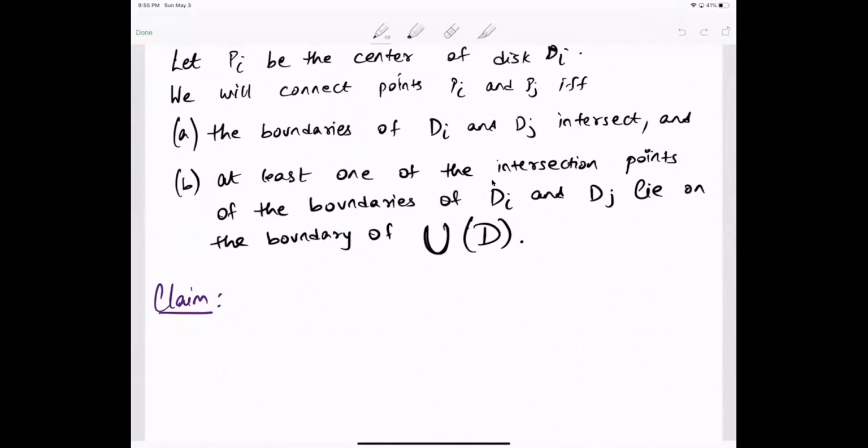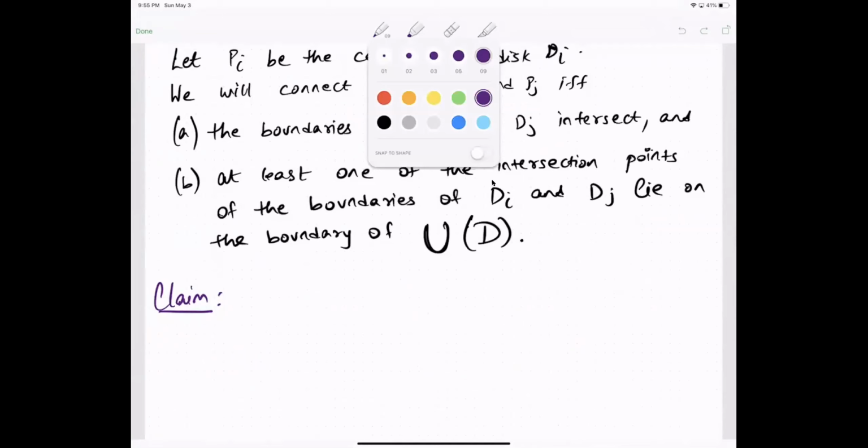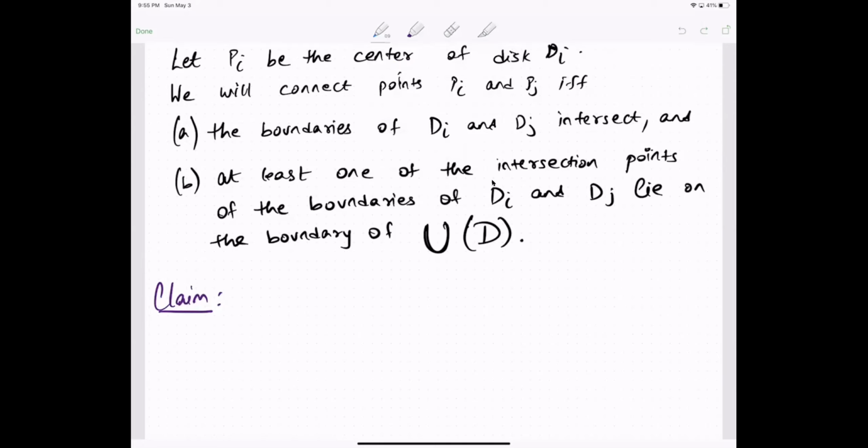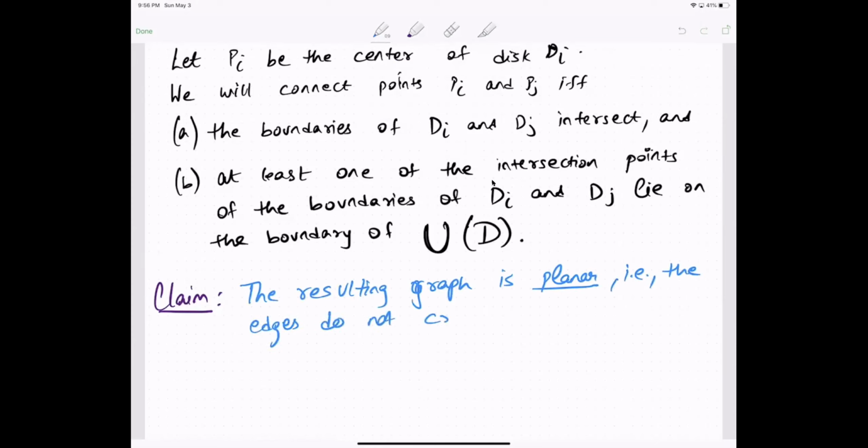So the claim is the resulting graph is planar, i.e. the edges do not cross. Okay, so now let's start proving this.